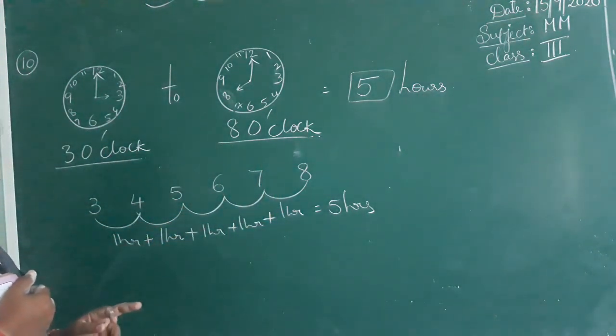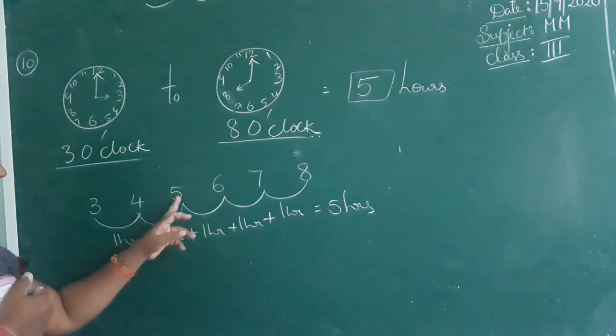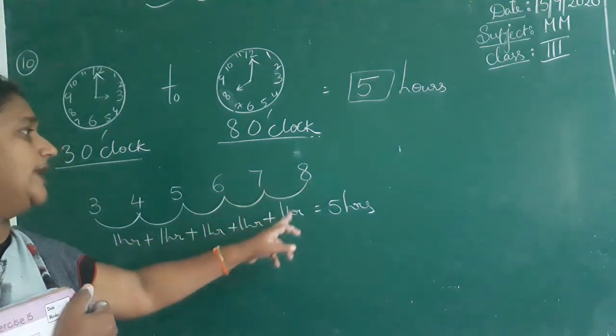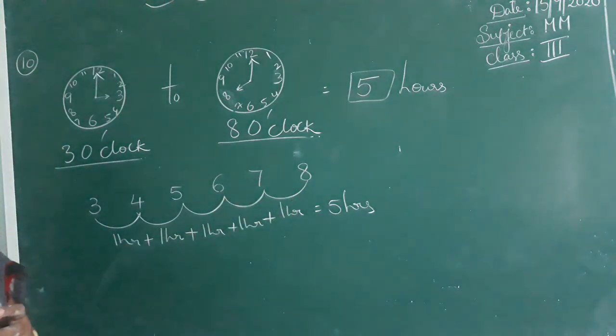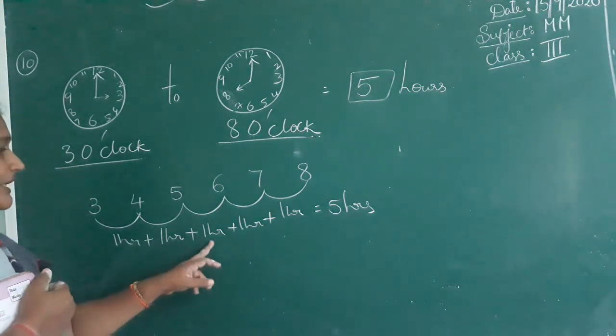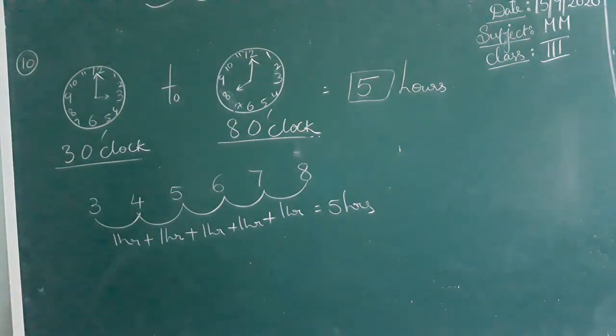Yes or no? So 3 to 4, 1 hour, 4 to 5, 1 hour, 5 to 6, 1 hour, 6 to 7, 1 hour, 7 to 8, 1 hour. Total how many hours? 1, 2, 3, 4, 5 hours.